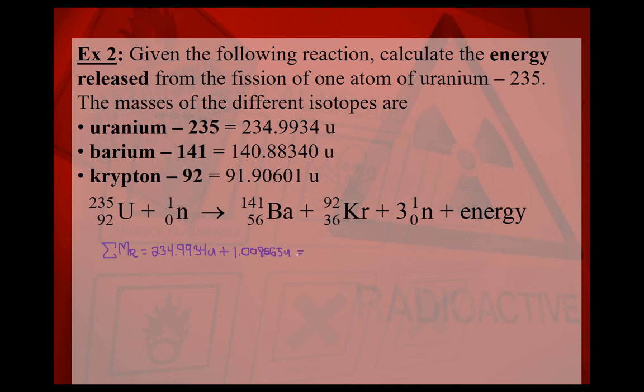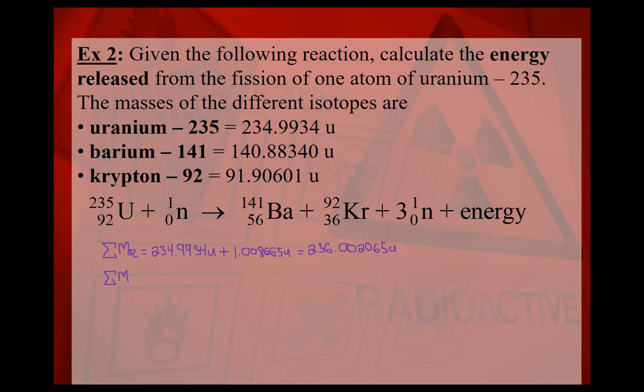Add those two up: 234.9934 plus 1.008665, and we get 236.002065 atomic mass units.